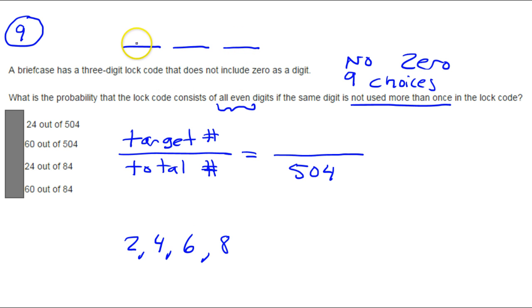For the first one, there are 4 possibilities, for the second one there would be 3, and that would leave 2 options for the third one. So the total number of ways will be 4 times 3 times 2. 4 times 3 is 12, times 2 is 24. So that would be 24 out of 504. So it would be the first option.